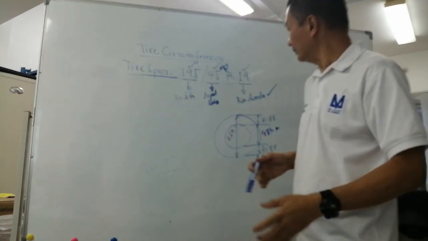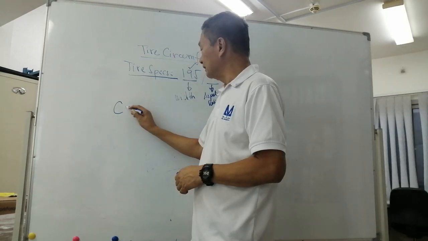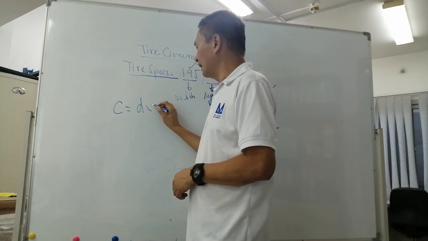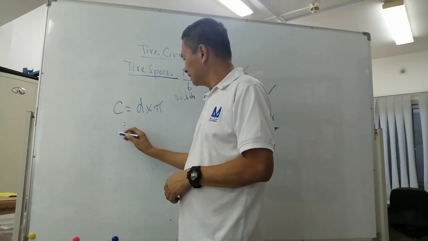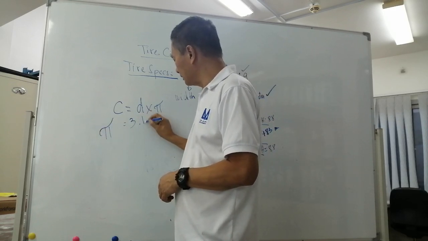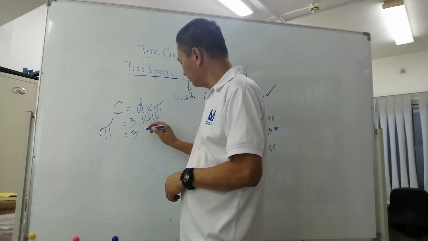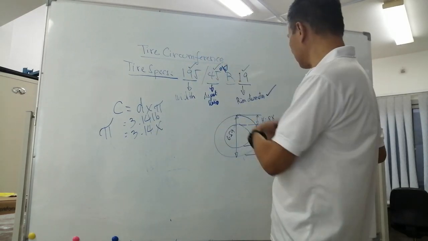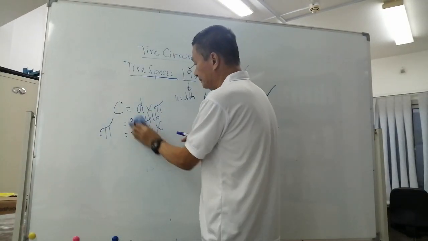Now go back to the formula, so we can get the circumference. Circumference is equal to diameter multiplied by pi. By the way, pi represents 3.1416, or 3.14.